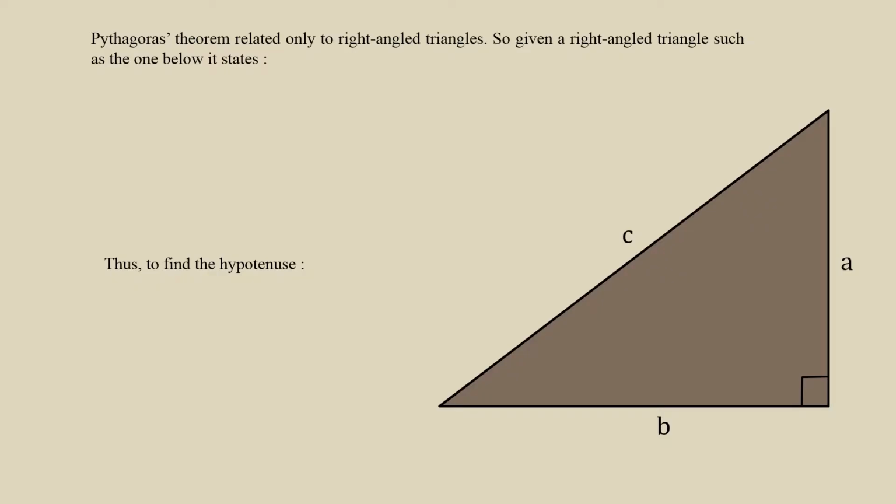Now we move to the next subtopic in trigonometry, which is Pythagoras theorem. I'm sure that all of us had learned the Pythagoras theorem in school. As we know, Pythagoras theorem relates only to right-angled triangles, which we learned previously.